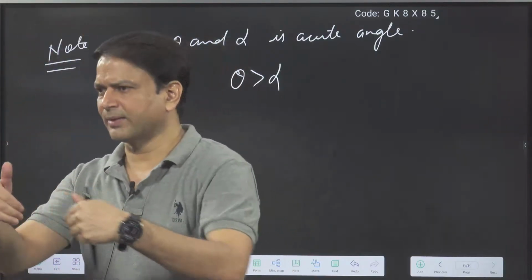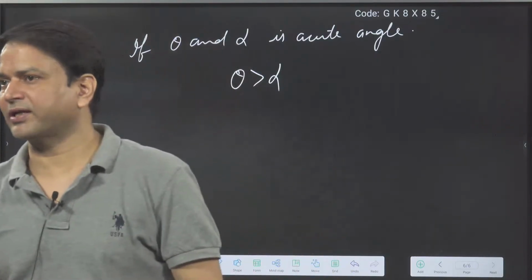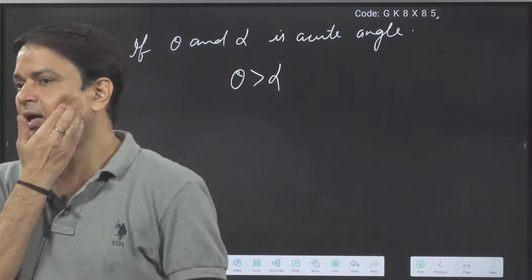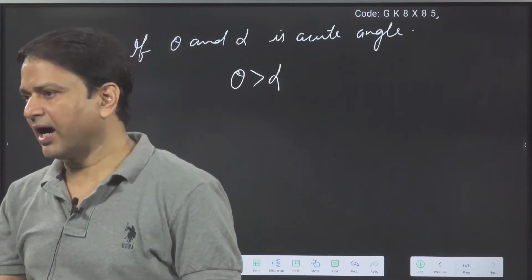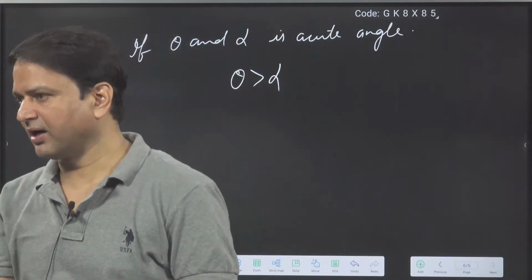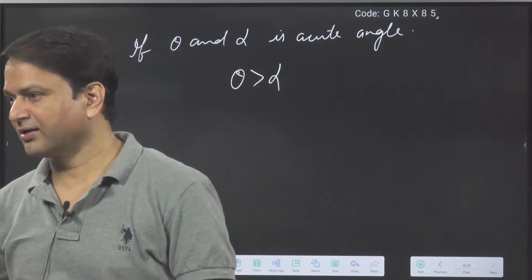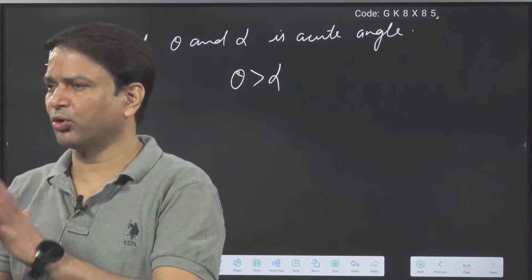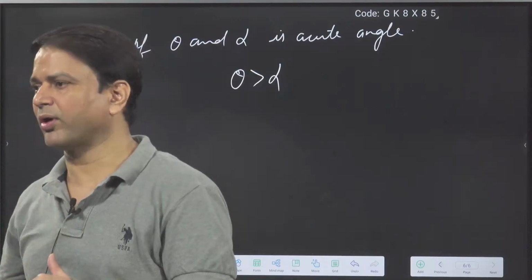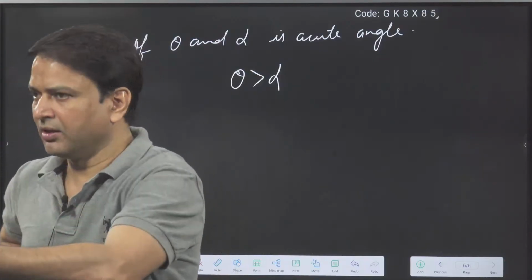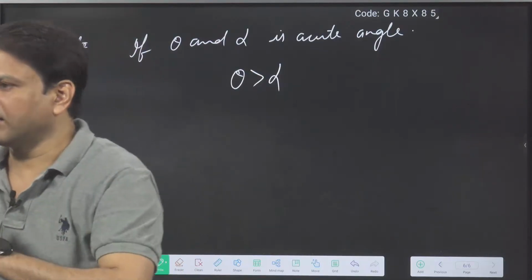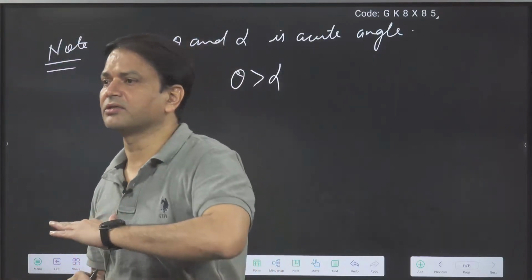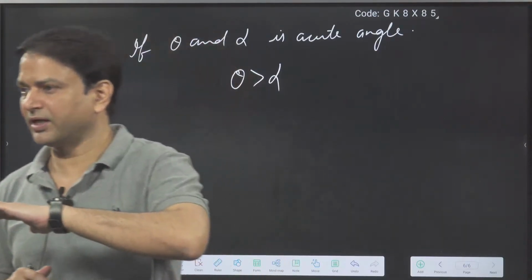And while solving some problem, we get this inequality, suppose theta greater than alpha. But I need sine. I want to solve for the sine. Okay, so then how will I get it from this inequality? So suppose I have the angle inequality and I need sine. We know that sine theta in 0 to 90 is an increasing function.